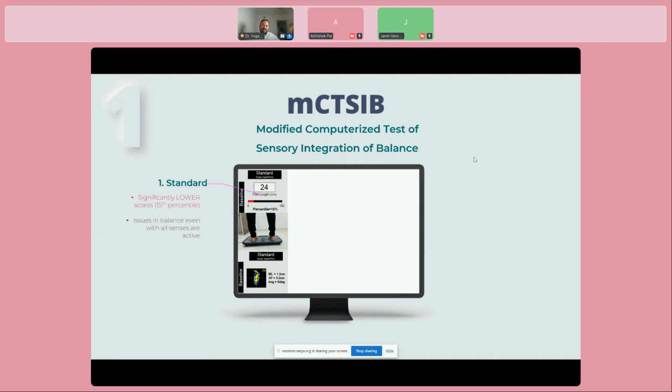Standard is the combination, meaning that the client is utilizing all available systems. The eyes are open, meaning the oculomotor system is working fine, your vestibular system is fine, and standing on a hard surface, the spinal system is fine. So if everything is fine, you should be looking at normal responses. But for this patient, you can see the responses are really poor.